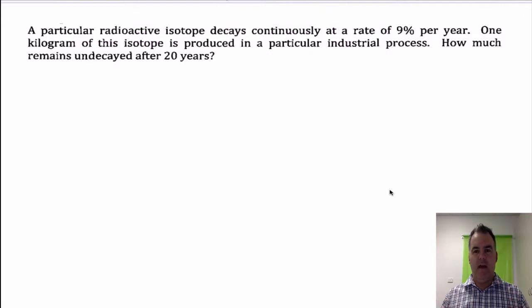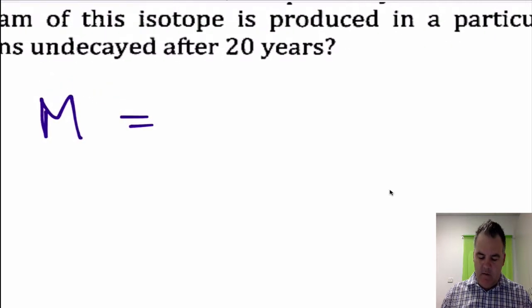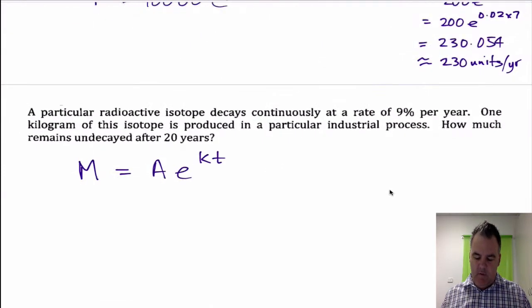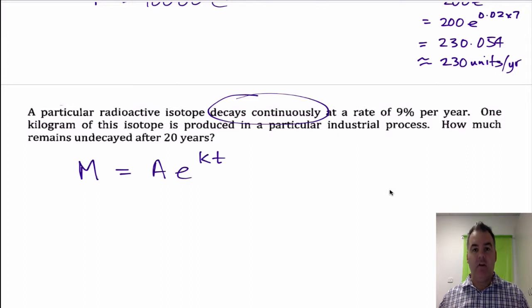Okay, so let's say we could just choose any letter here. Let's call it M for the amount of isotope. It's going to be A e to the kt. We know that because we know that it's decaying continuously at 9% per year. So I know that the k is going to be negative 0.09.